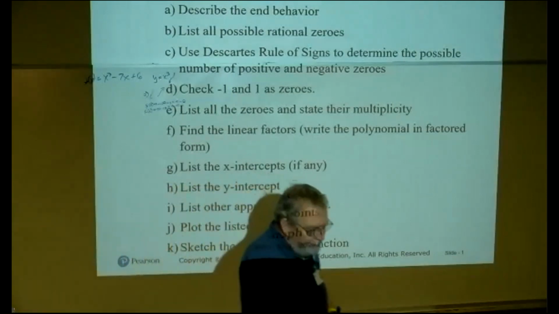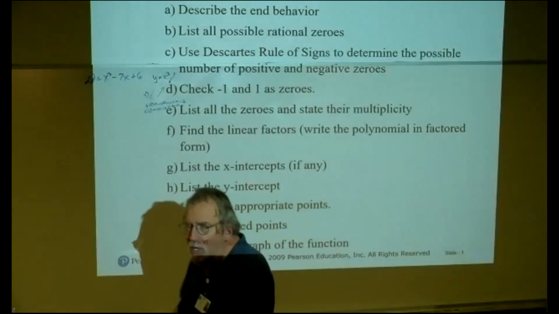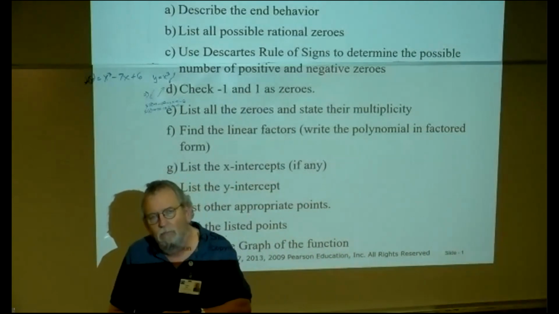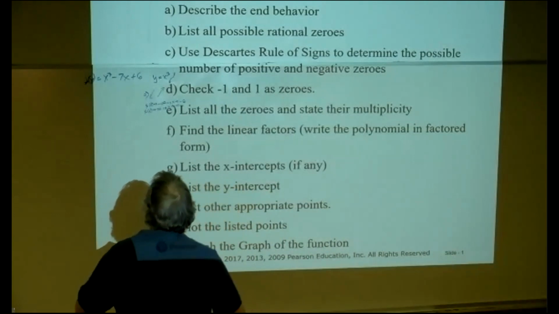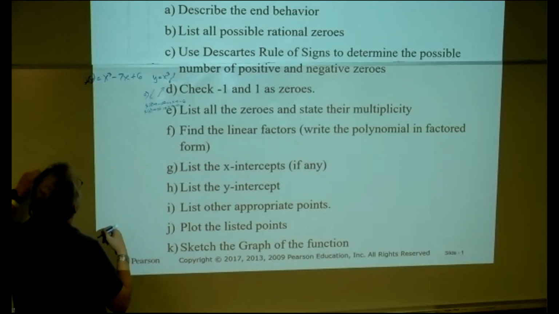We're doing the P over Q, right? Where it's all the P over Q. So factors of the constant. What does that mean, P over Q? We're getting all the factors of the constant. We're doing the fraction P over Q, where Q is the factors of the leading coefficient.